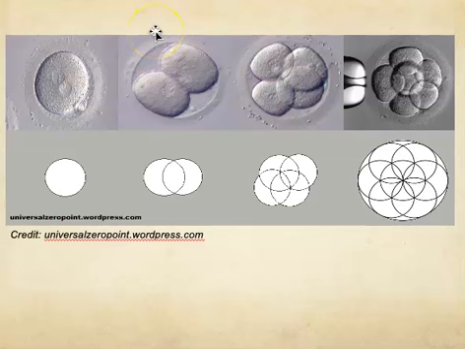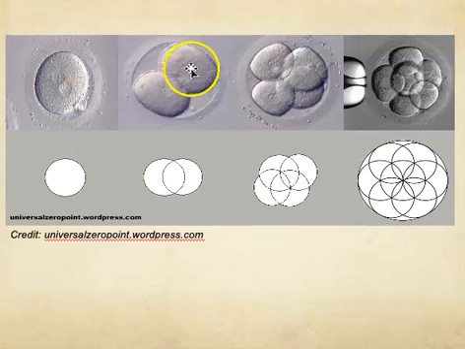Now, within another 24 hours or so, each one of these cells is going to go through the cell cycle and it's going to divide. Now you have 4 cells in there. And then after that, you're going to have 8 cells in there, and so on and so on and so on. Notice that from this cell to these cells, these have gotten much smaller.